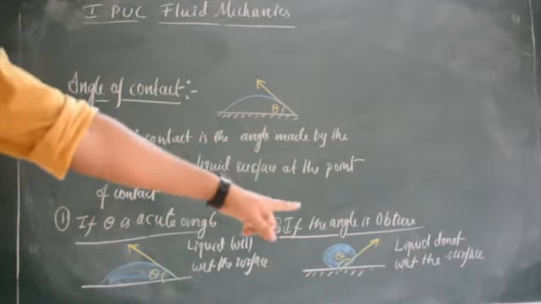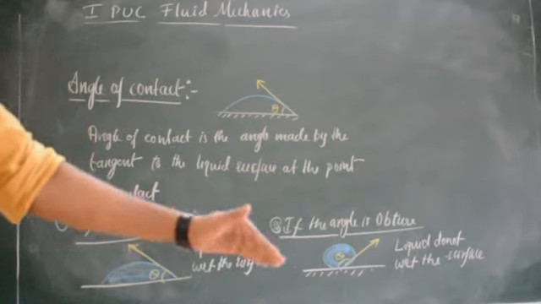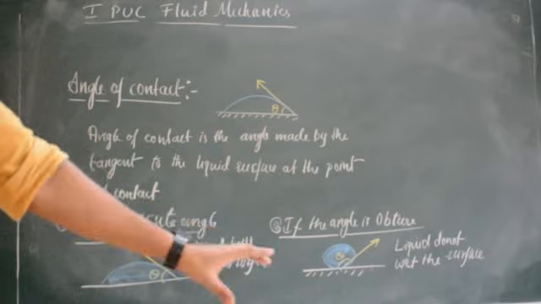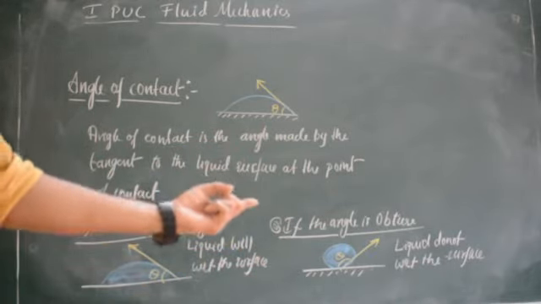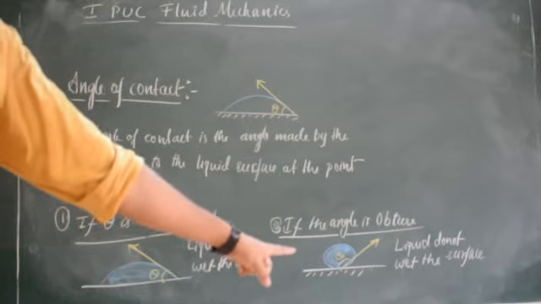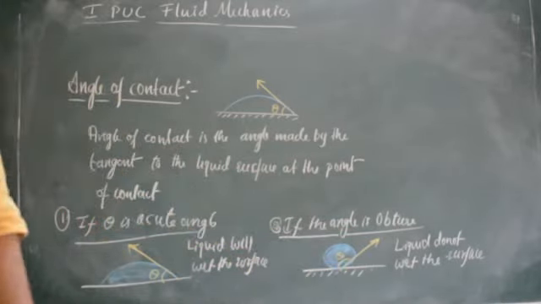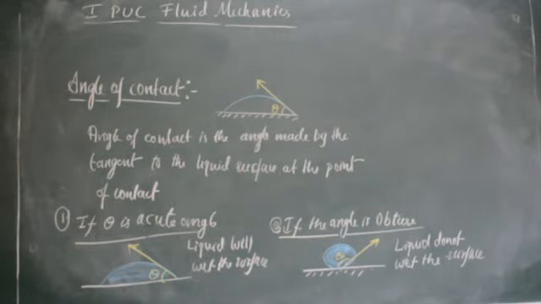If the angle is obtuse, that means more than 90 degrees, in this case the liquid will almost gain a spherical shape, and for the angle of contact, you can see there, the tangent will be more than 90 degrees. So we can say one thing, that the liquid will not wet the surface.